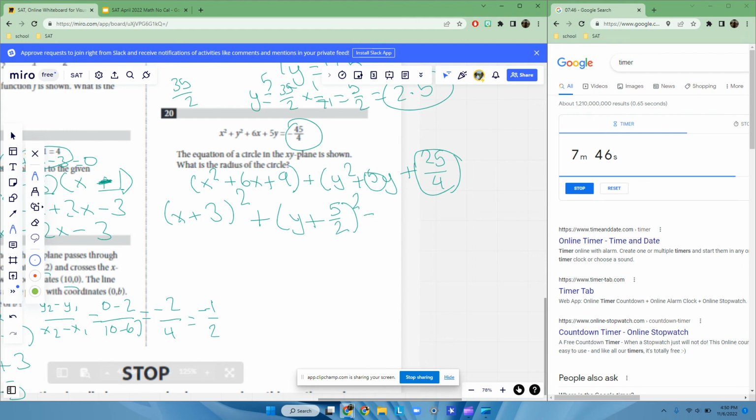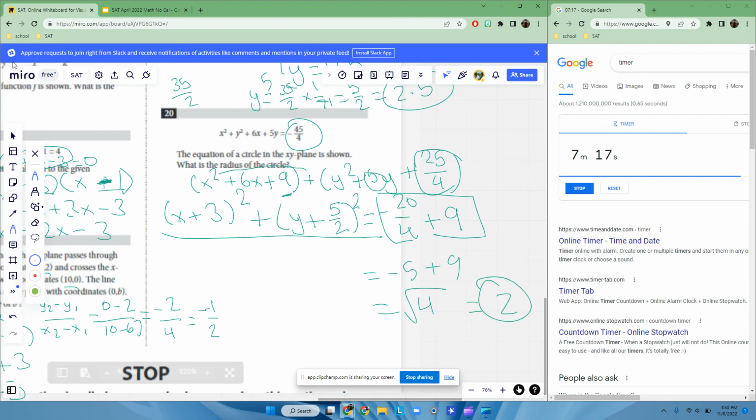That is equal to minus 20 over 4. This is where dividing by 5 came in, and that's plus 9 because there's a 9 here. So we're just going to take the whole number to the other side. Now we can ignore this whole part because the radius is now on this side. So this is equal to minus 5 plus 9, which is 4, but we also need to find the square root of that because we're finding the radius of the circle, which is equal to 2. And that is our answer.